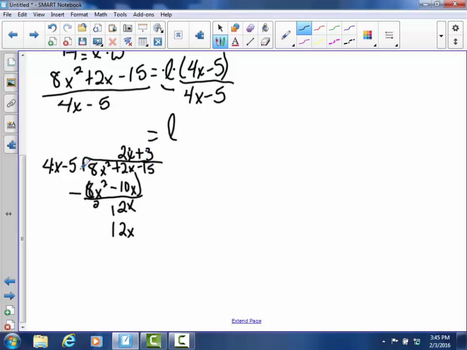And 3 times negative 5 is negative 15, which I also need to bring my negative 15 down here. And when I subtract, 12x take away 12x is 0, negative 15 take away negative 15 is 0, so my answer is L equals 2x plus 3.